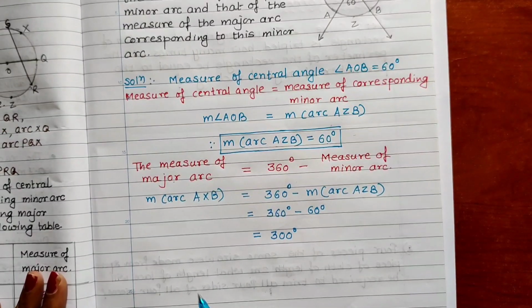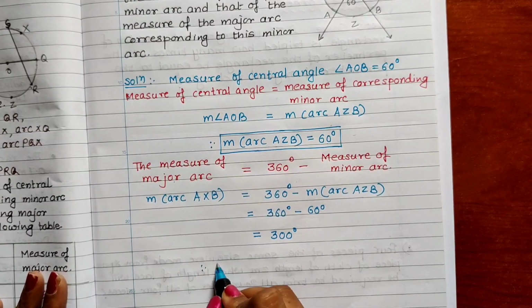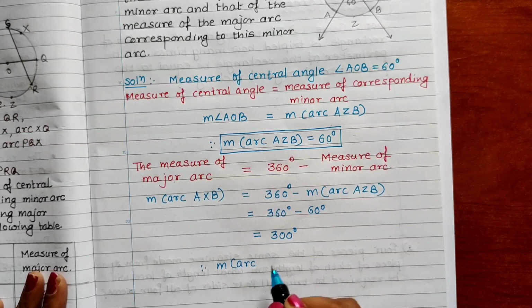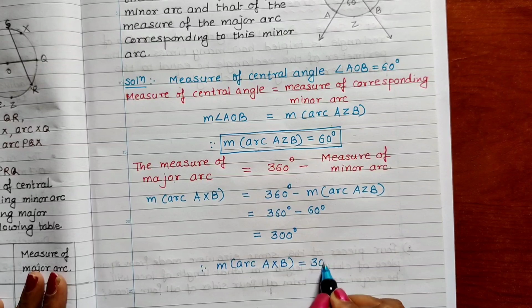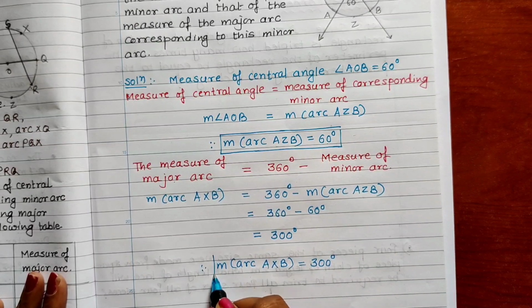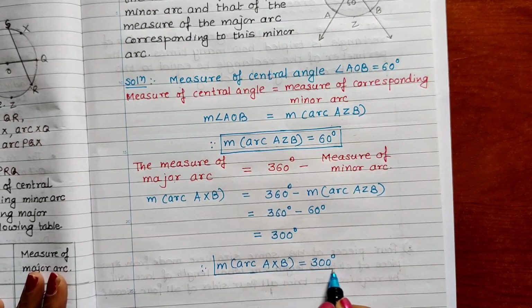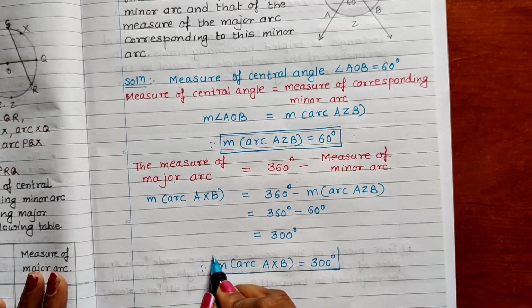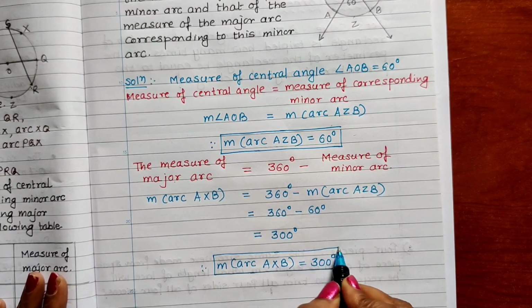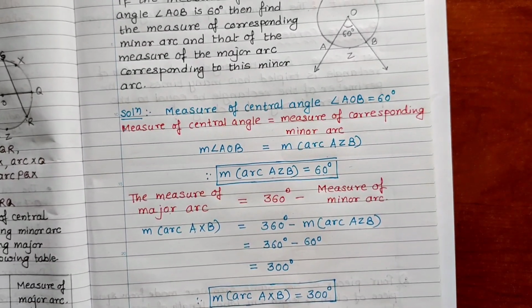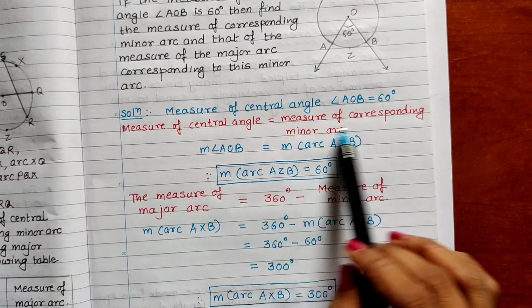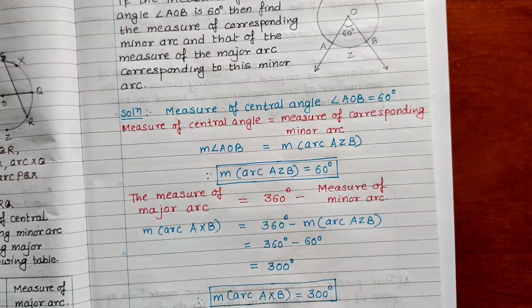Okay, and therefore measure of arc AXB is equal to 300 degrees. In this way you can find out the measure of minor arc and the measure of major arc. You have to memorize this formula for finding the values.